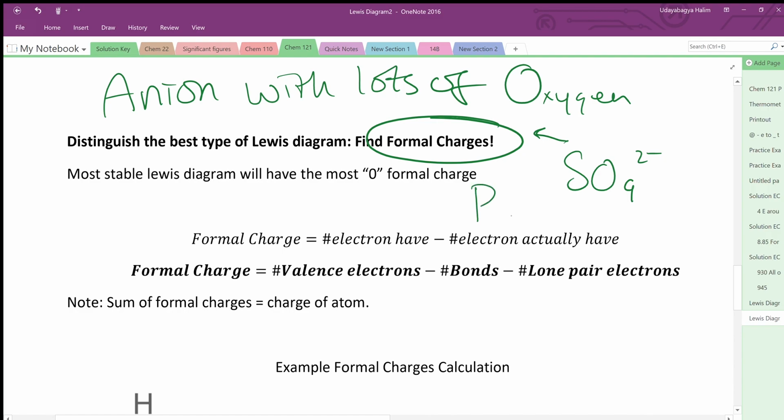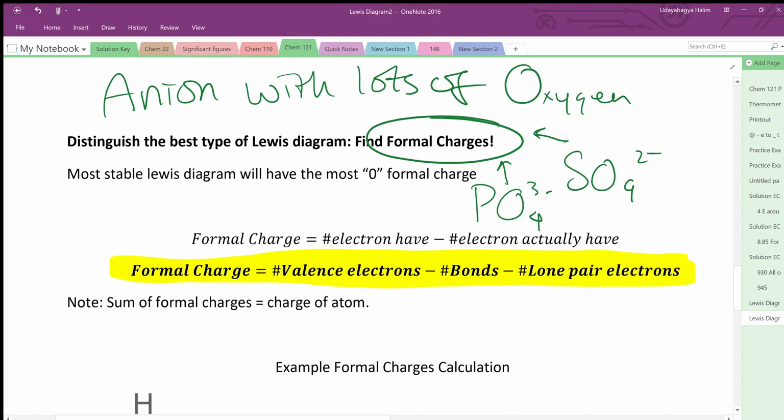PO4 3 minus is another one where you should calculate the formal charge to figure out the best Lewis diagram. Now the equation of the formal charge, I'm writing this down slightly differently than what you have in your lab manual, but it otherwise remains the same.